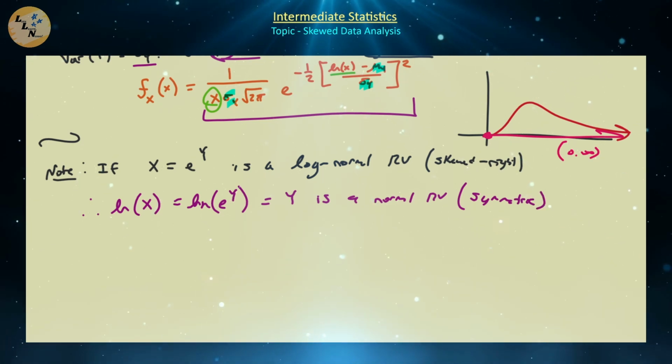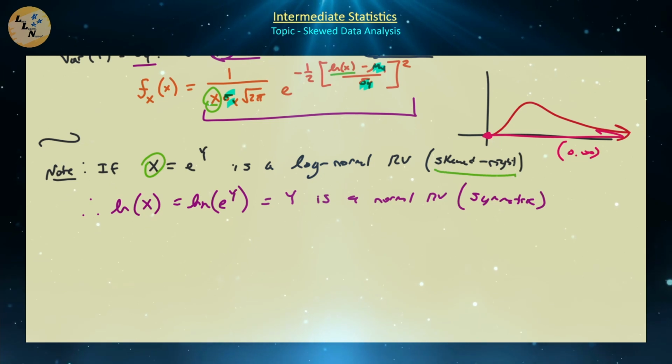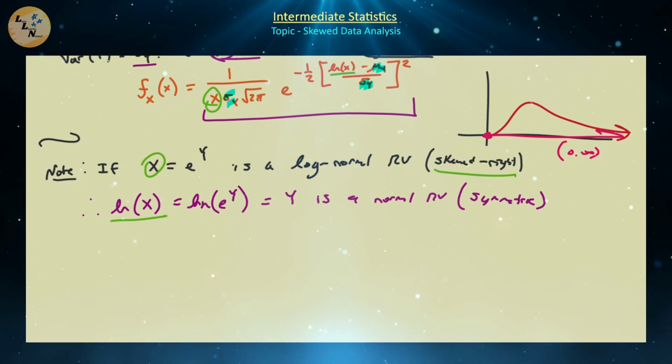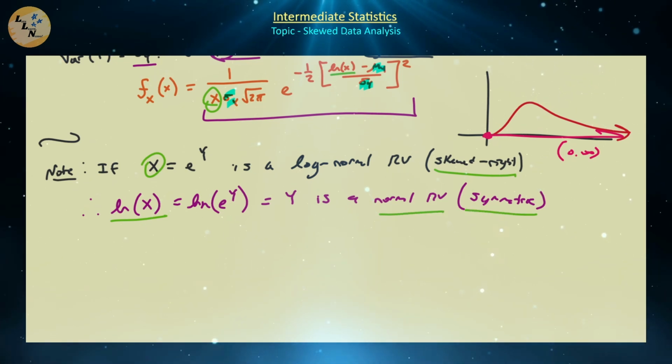So notice, if X is a skewed right random variable, we can sort of get the fact that if we take the natural log of that particular random variable, we should get something approximately normal or moreover approximately symmetric. All right, so that's actually going to lead us to the log transformations for skewed data sets, and that's going to actually help us reduce skewness in many of these cases.